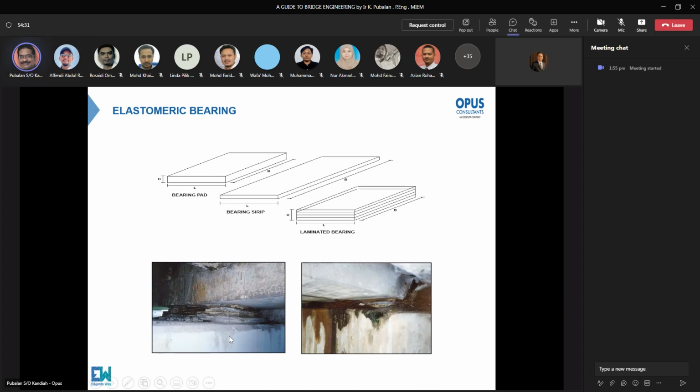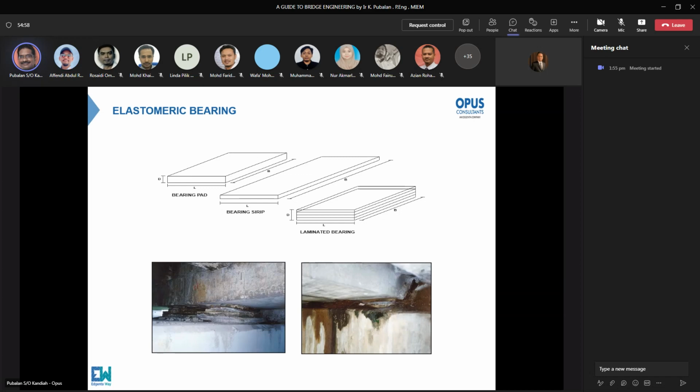But when you have other things, like centrifugal force due to the bridge curving, then laminated bearing may not be appropriate. You have to use the pot bearing. That's the usage for this elastomeric bearing. This one is just able to cater for small tolerance. Yes, exactly.